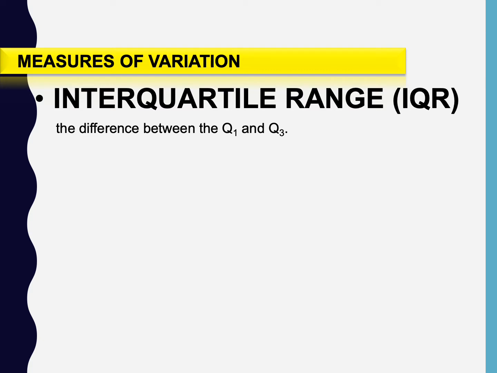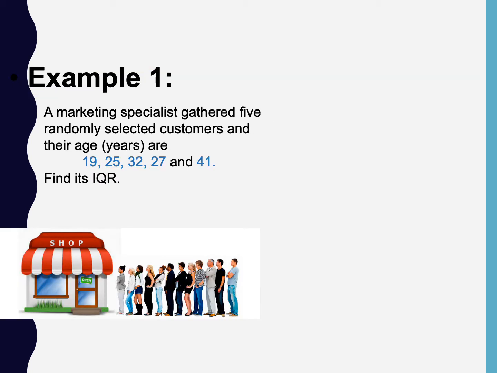Next, the interquartile range, or the IQR, is the difference between Q1 and Q3. Now, solving for Q1 and Q3 was already discussed in the measure of position presentation lecture. Using the same examples, find the IQR of the 5 randomly selected customers in their age.